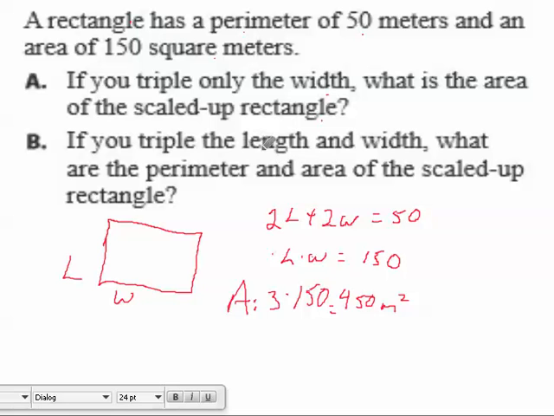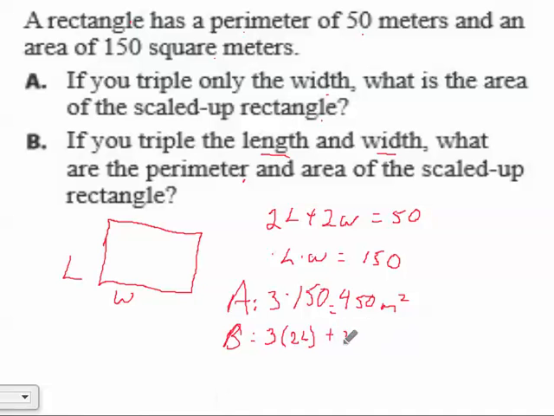Now, if you tripled both the length and the width, they're asking what is the perimeter of the scaled up rectangle. So remember, we're just going to be multiplying the perimeter equation. For B, we're going to take 3 times 2 lengths plus 3 times 2 widths is going to be equal to, you know what?